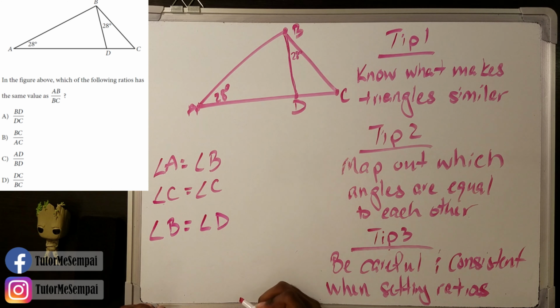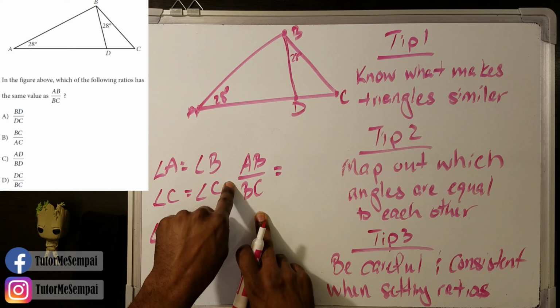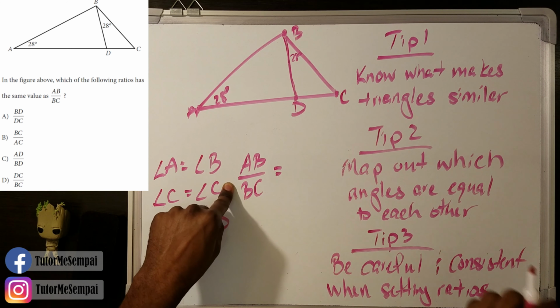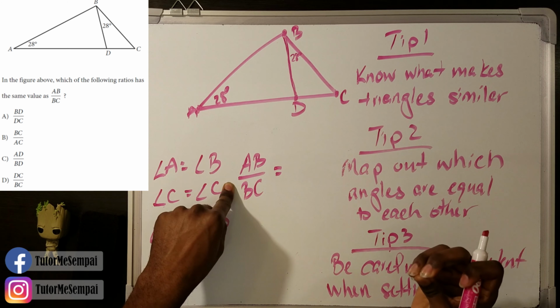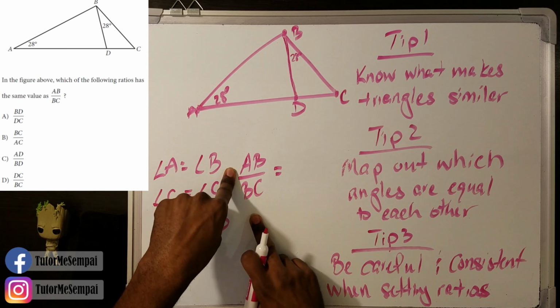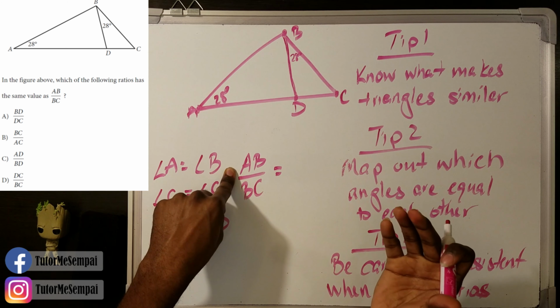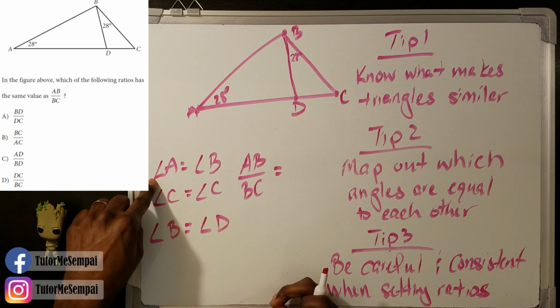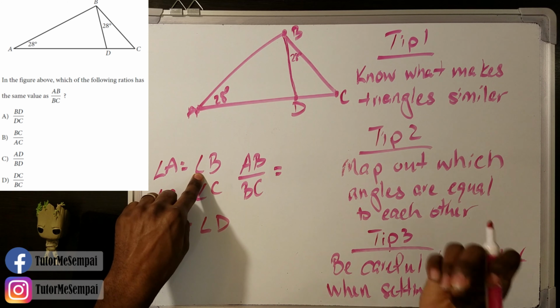So we realize that this ratio is going to be for our big triangle, right? Be careful and consistent when you set up these ratios. Each fraction is supposed to go to one triangle. So this is going to go to our big triangle. So we're going to try to find the corresponding sides for our smaller triangle. And we already said that angle A is going to equal angle B for our smaller triangle.